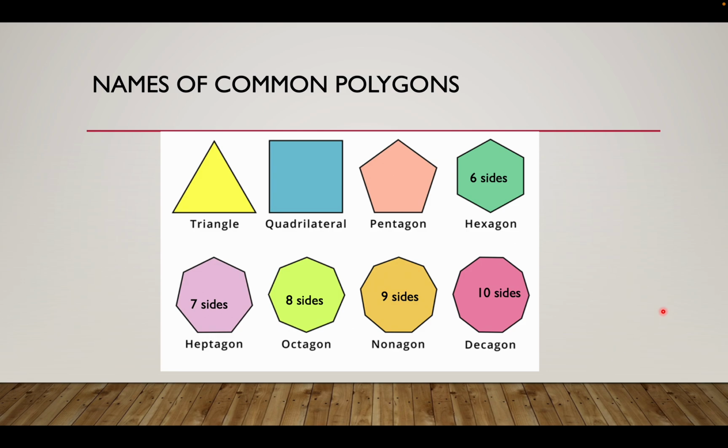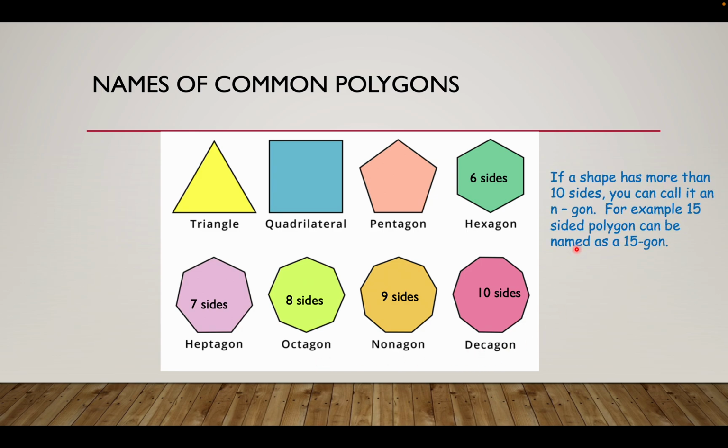Some common names of polygons, right? Triangle, quadrilateral, pentagon: 3, 4, 5-sided. As we get bigger, 6-sided, 7-sided, 8-sided, 9-sided, 10-sided, they have certain names. And these are common ones that you should most likely be able to remember. If a shape has more than 10 sides, you can call it an n-gon. For example, if we had a 15-sided polygon, you can just call it a 15-gon.